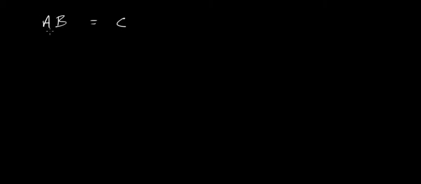So we've got to get rid of this A here. So how are we going to do that? Well, we know that if we multiply a matrix by its inverse, we'll get the identity matrix. So if I take A and multiply it by its inverse, let's say A to the power minus 1 is its inverse, I know I'll get the identity matrix.